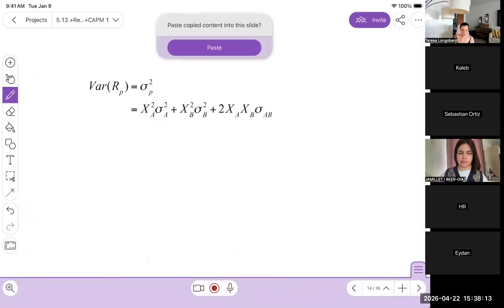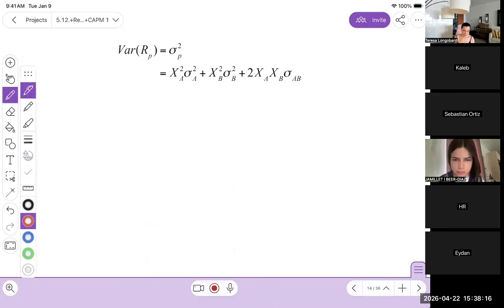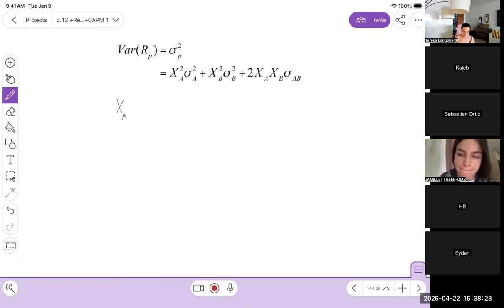So the issue is, where does this come from? This formula comes from considering the relative contributions of the fraction of security A invested, fraction of security B's return, and taking them in turn, in pairs.